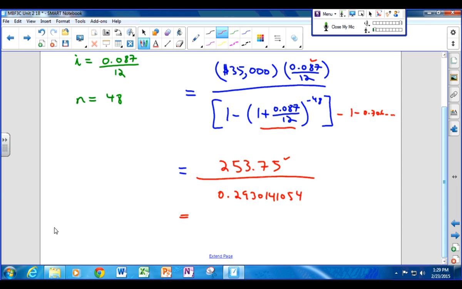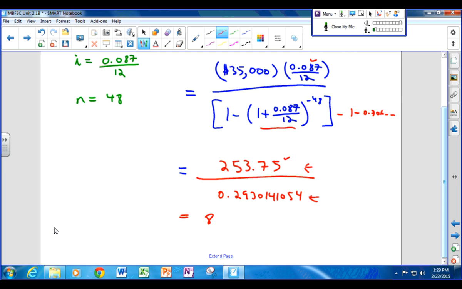Now, if you had it in memory, you could just recall it. So, divide by 253.75. What I'm going to do is take advantage of the fact that if I divide this number by this number and then find the reciprocal, it's mathematically the same thing.